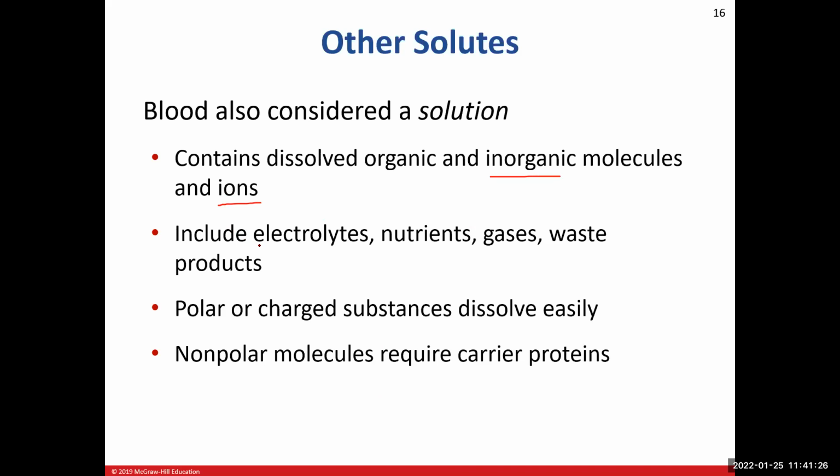Our respiratory gases, carbon dioxide, also oxygen. We'll even throw nitrogen in there. Waste products like urea, ammonia. All of those are going to be part of the other solutes that we're going to lump in when we're looking at our blood plasma.